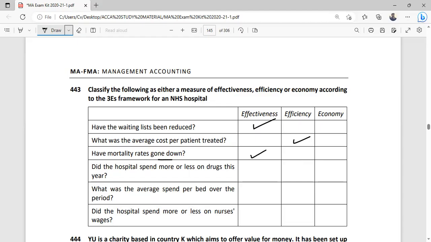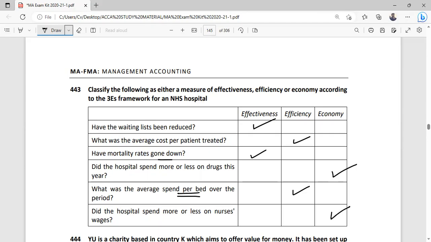Does the hospital spend more or less on drugs this year? It is the cost for the hospital. What was the average spent per bed over the period? Again, it is relevant to the occupancy. That's why it is part of efficiency. Did the hospital spend more or less on nurses' wages?